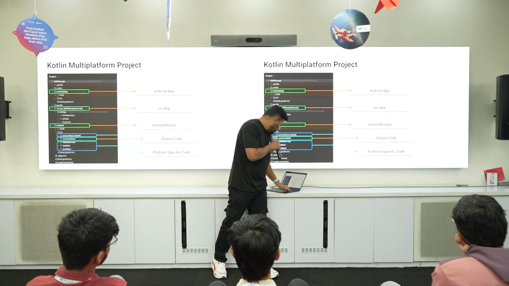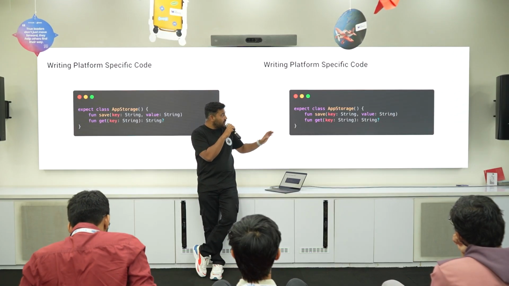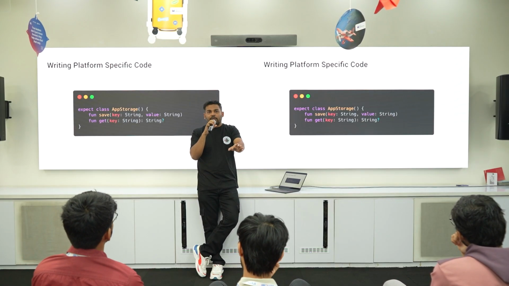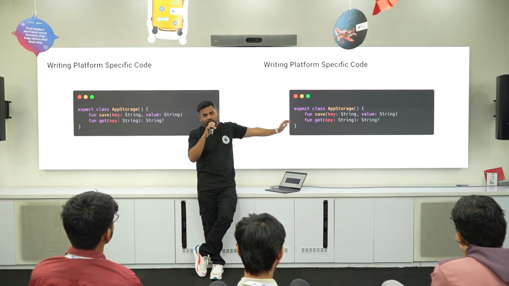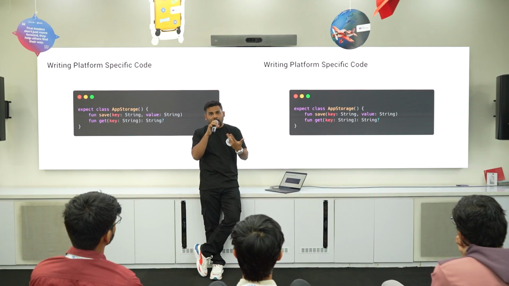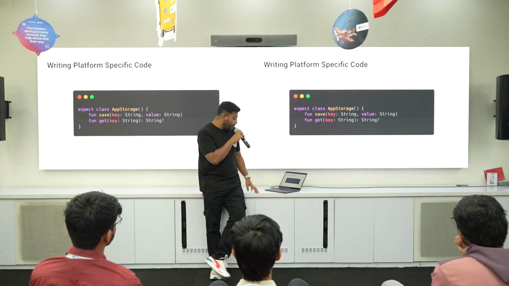Okay, so to write platform-specific code, you can use this keyword, if you know, that is expect. So in your common module, you will write an expect class or function, and you put all your functions, and then for each platform, the compiler will know, right? You will get a compile time error if you don't write the actual implementation.